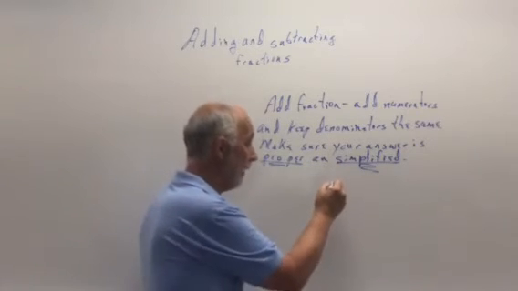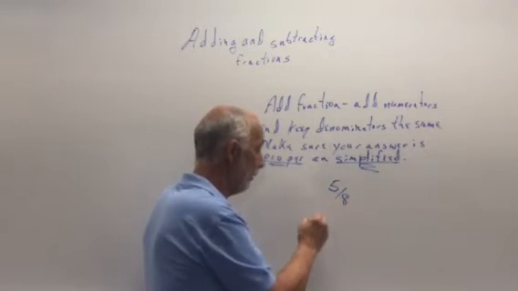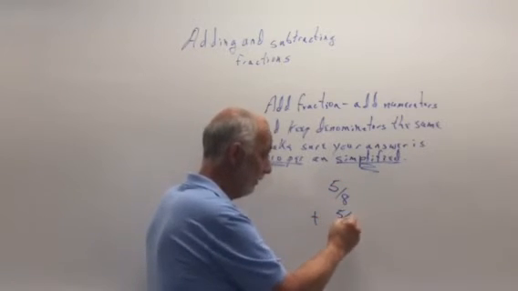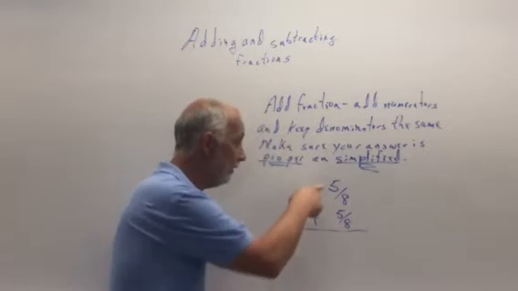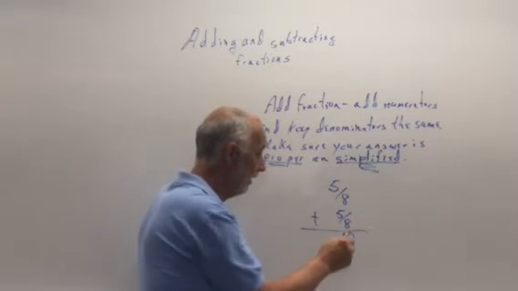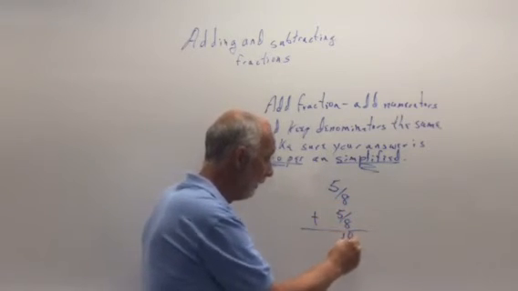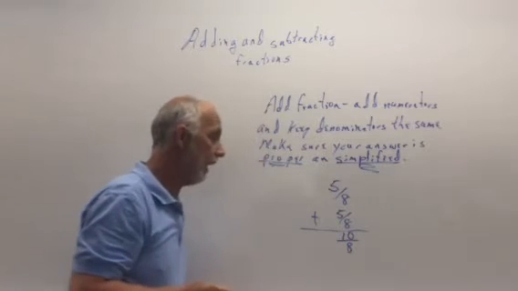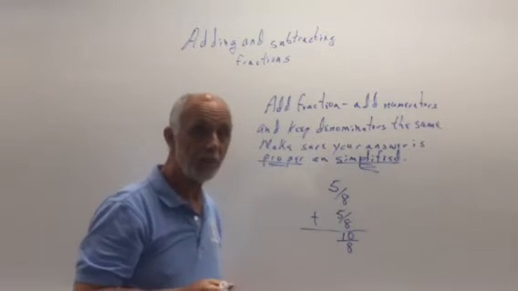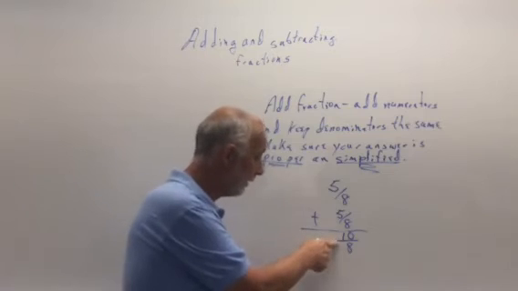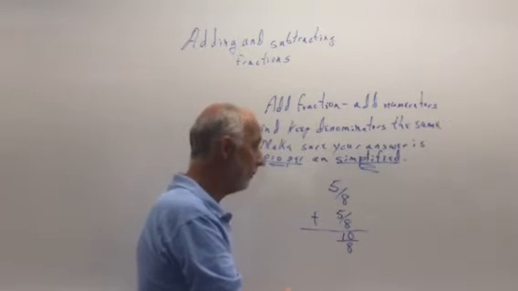So I could have something like 5/8 plus 5/8. And again, you would add the numerators. 5 plus 5 is 10, and you keep the denominator the same. That would be 8. Now what you could do is realize this is improper because the top is bigger than the bottom.